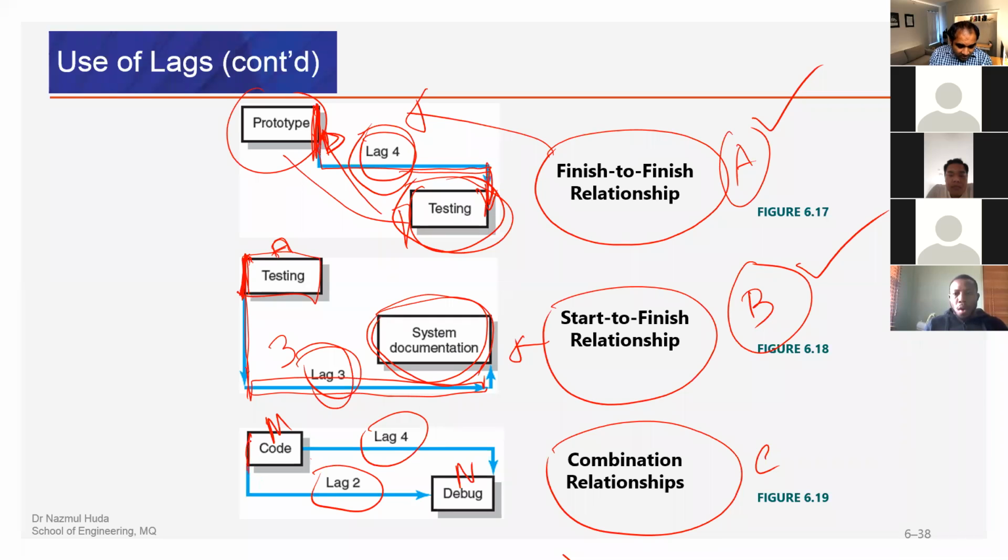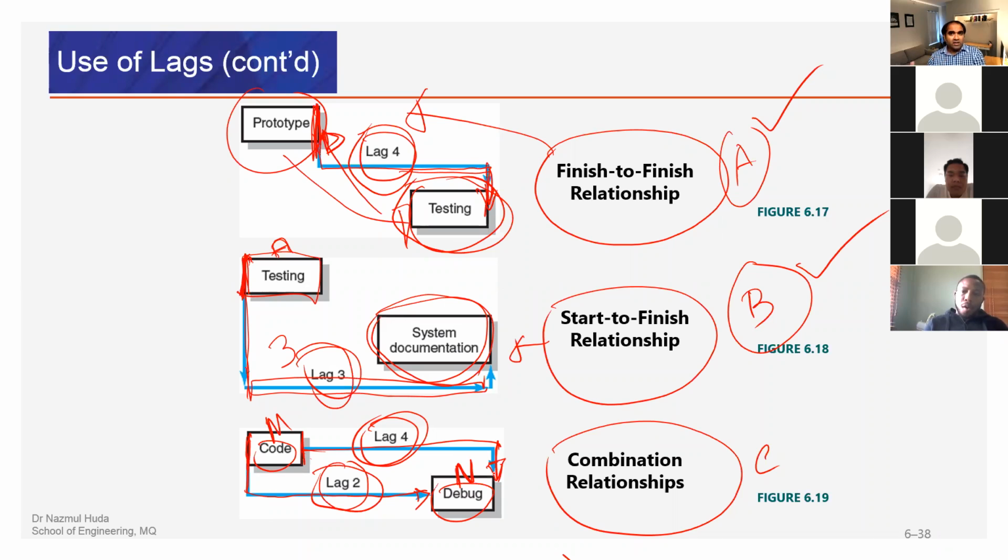From start to start, say for example here, we have a lag of 2. That means N, or debugging, should start within 2 days when coding started. Start to start within 2 days. Then finish to finish. That means once coding finishes, within 4 days, we must finish the debugging process.